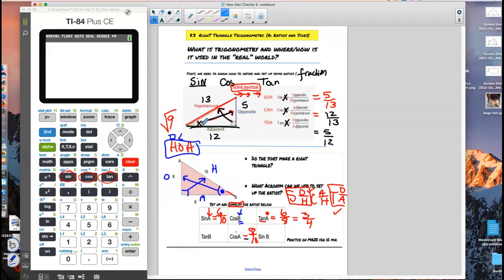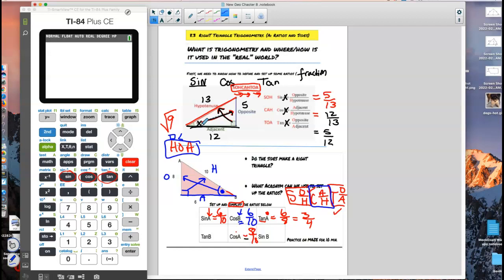I'm supposed to command you to take the cosine, which means I'm telling you to grab the adjacent side to angle B. So now I'm adjacent to angle B. That's this guy, which would be 6, over the hypotenuse, which is still 10. And I've reduced that to 3/5.